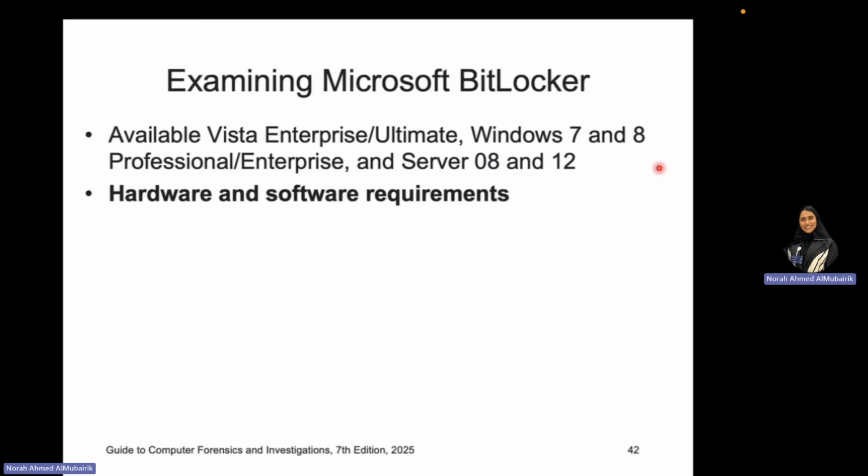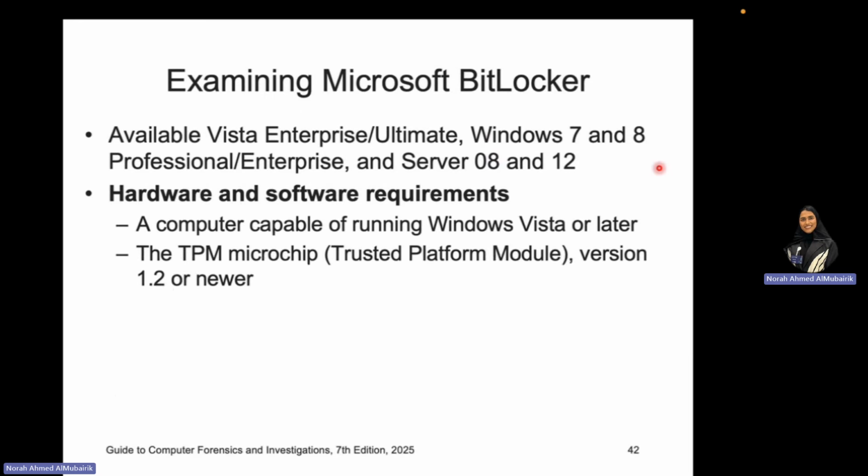There are several hardware and software requirements to have BitLocker available on our devices. These include the edition of the operating system that you are running, so you have to have Windows Vista or later. We have to have a Trusted Platform Module, which is hardware on the motherboard that facilitates encryption and decryption.